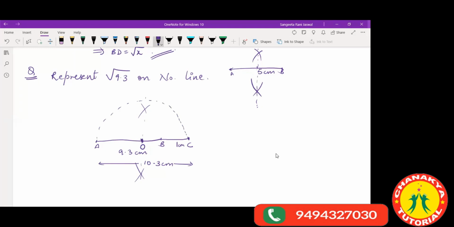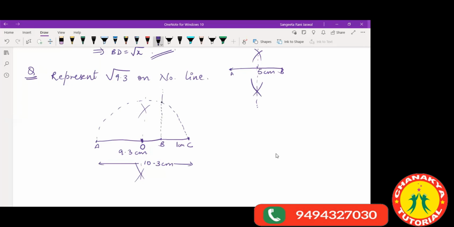Because this is the midpoint, OA is also the radius and OC is also the radius. So the semicircle that you will make will touch this C also. Right? And then extend a perpendicular line which touches this circle like this.